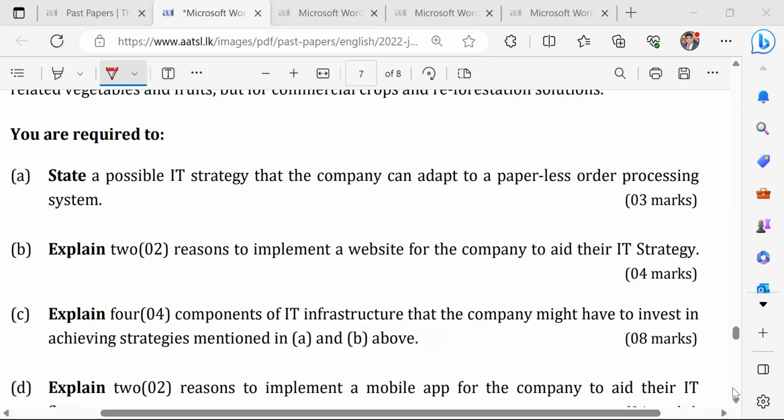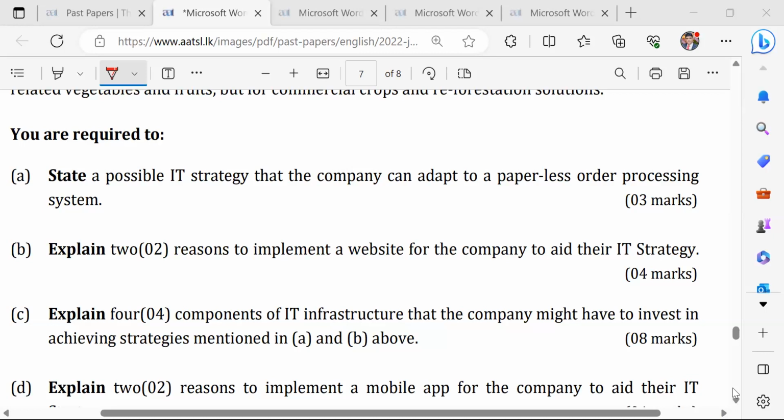Then they can use QR codes, RFID codes, right? And they can use office automation systems, online payment, accepting payments online. And they can use EDI, electronic data exchange systems, right?